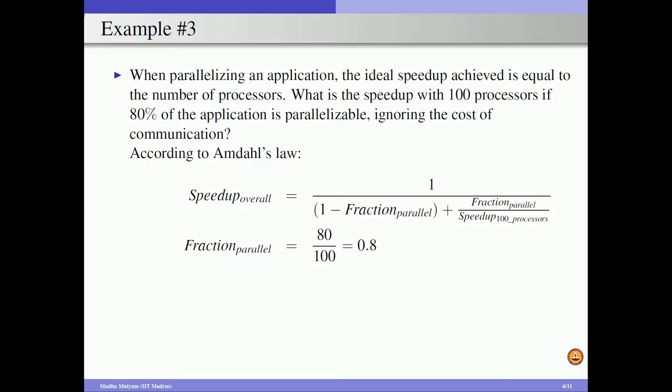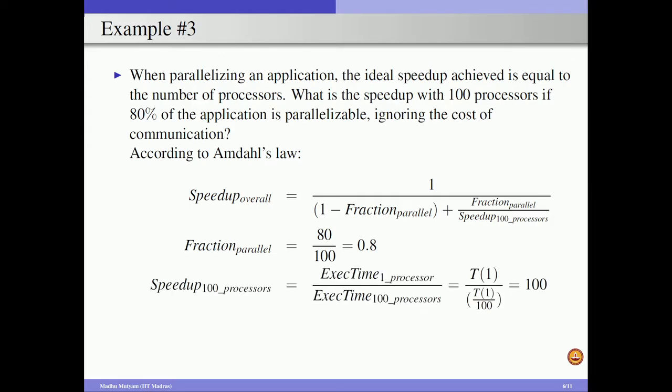So substituting these values in this equation, the fraction of parallel portion is 0.8, sequential portion is 0.2, and effectively the speed up with 100 processors is T1 by T1 by 100.